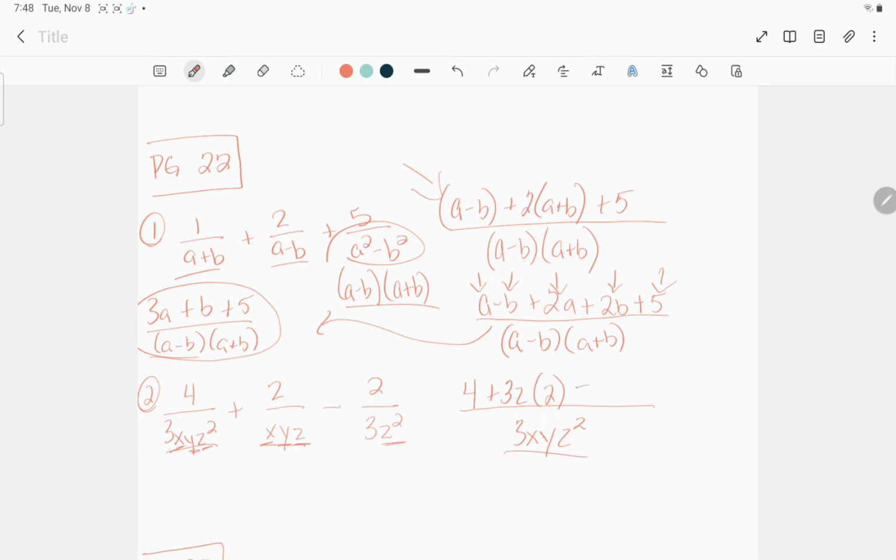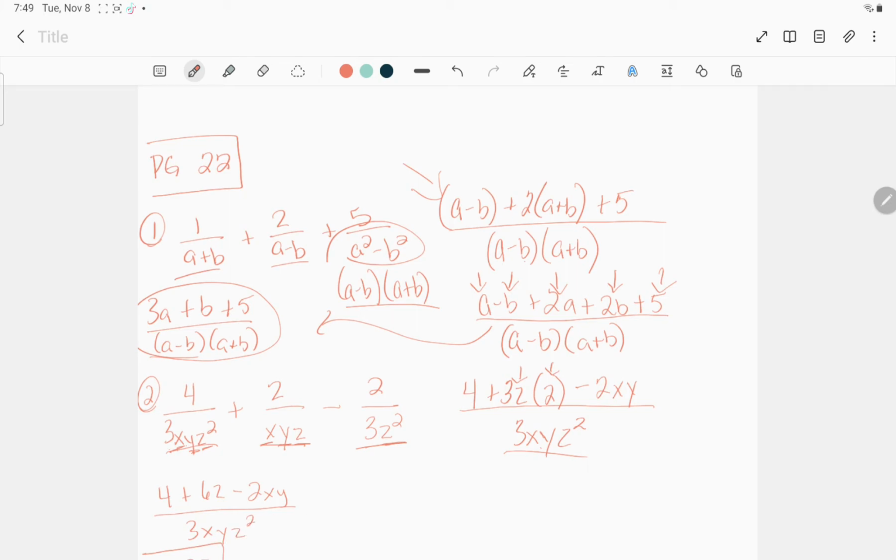And then 3xyz squared divided by 3z squared is going to leave me with xy of 2xy. Now I'm going to get rid of those parentheses. Coming back to the beginning: 4 plus 3z times 2, 6z minus 2xy all over 3xyz squared.